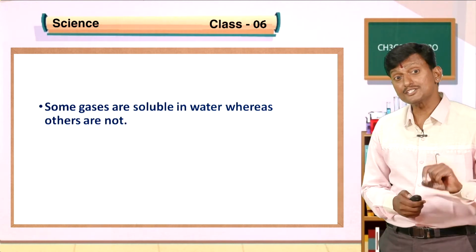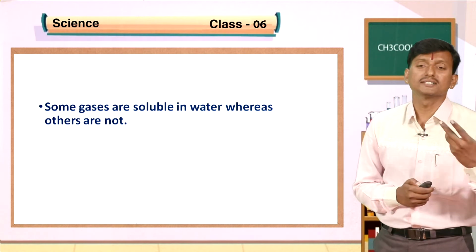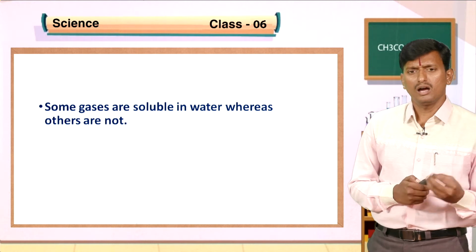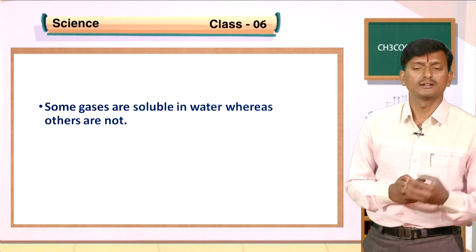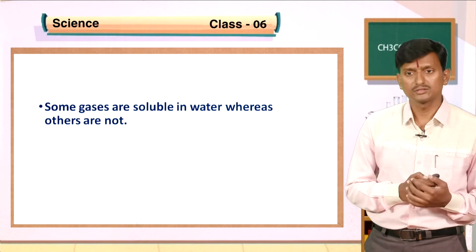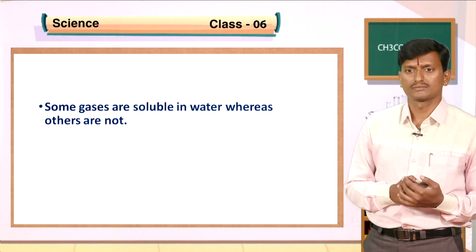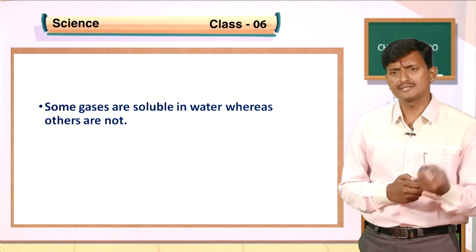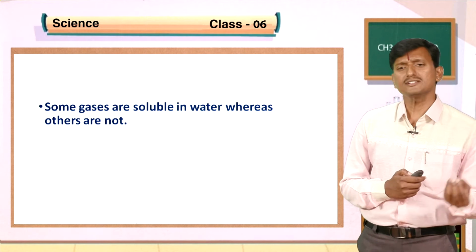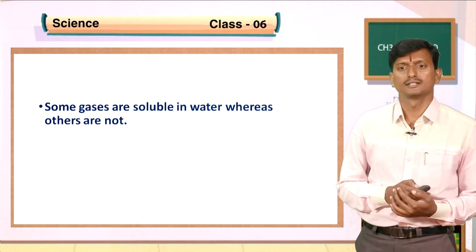Some gases are soluble in water whereas others are not. Students, how are fishes living in water? Won't they need gases for breathing? You know that all animals need oxygen for breathing, but how can a fish survive inside the water?